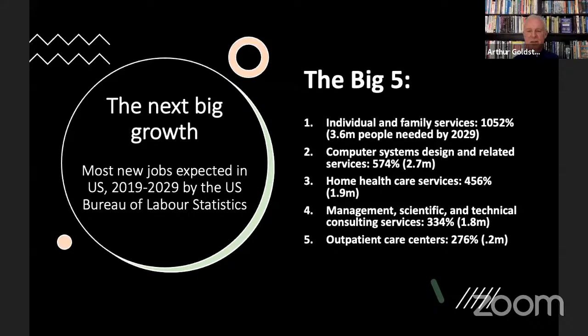What's fascinating about this is that 3 of the top categories of job shortages or job demand are going to be entirely human related. And that tells you artificial intelligence is not going to take away jobs. It is going to have to augment these jobs, because none of number 1, 3, or 5 can be replaced by artificial intelligence, but they can be supported by AI.